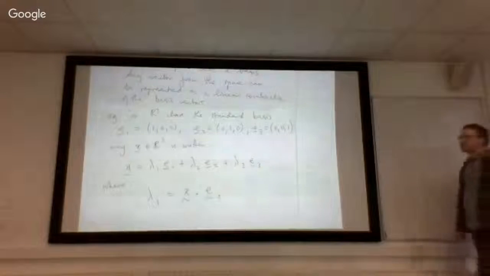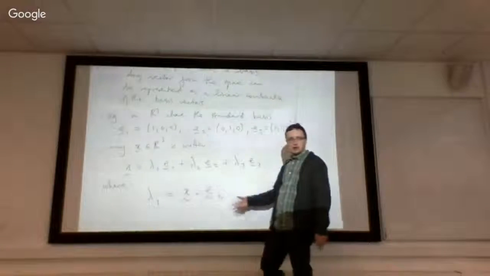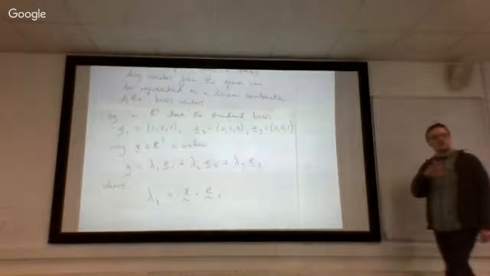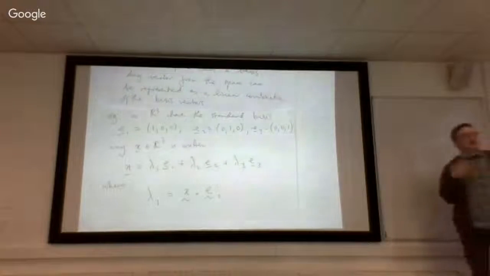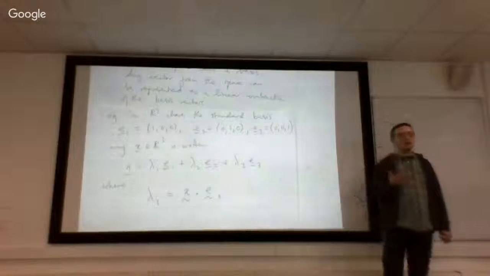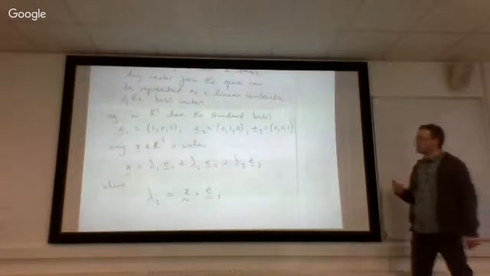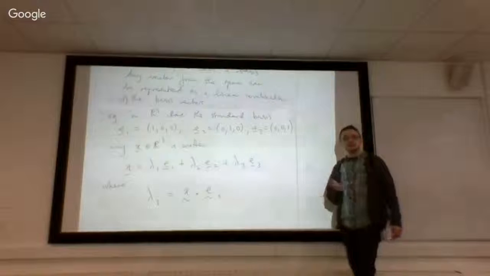Okay. So not every basis has this property where the components are just given by dot product with the basis vectors, but nice, special bases do, where these bases are orthonormal. Each of the basis vectors has length 1, magnitude 1, and they're all mutually perpendicular.